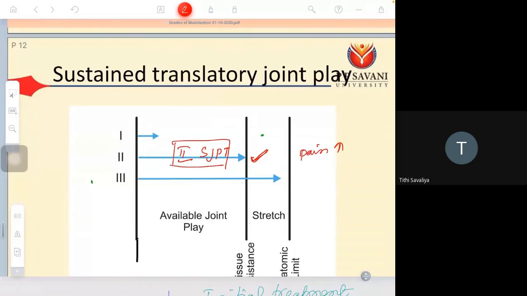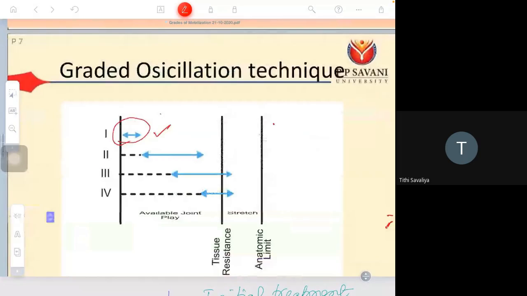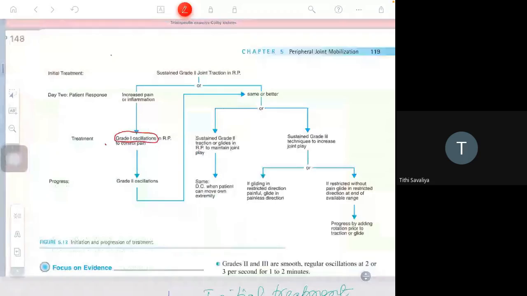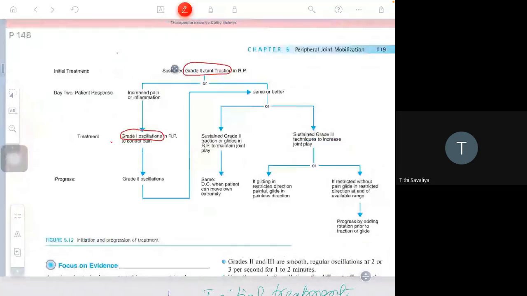Now, what is the second day treatment? Second day treatment is you will go for grade 1 oscillation. Listen carefully. This is a practical topic. First we had given grade 1 distraction, grade 2 distraction.